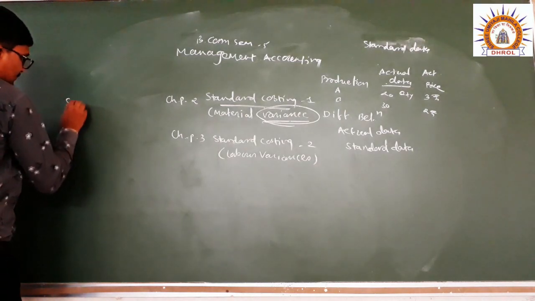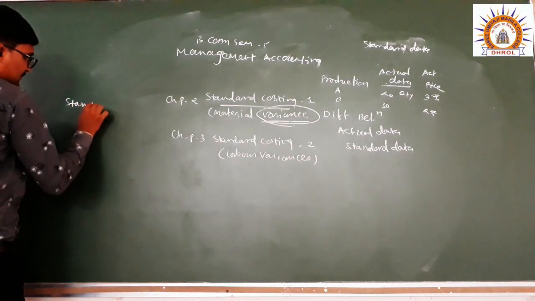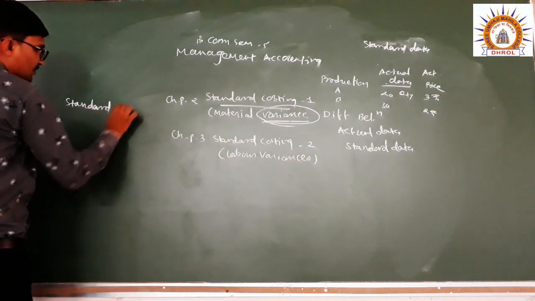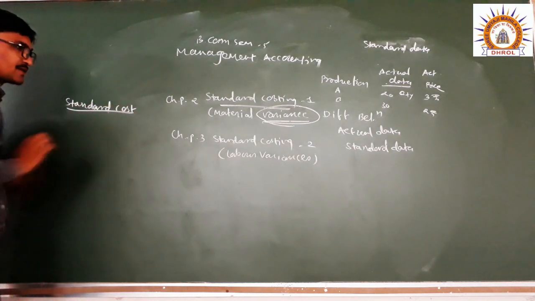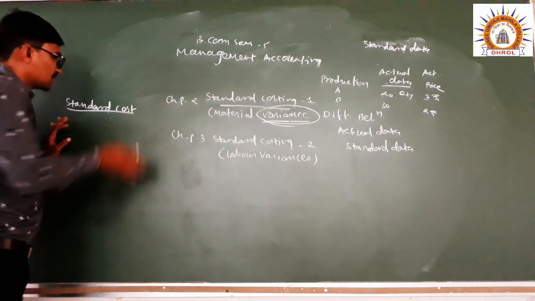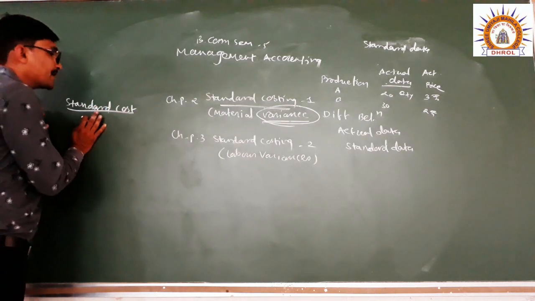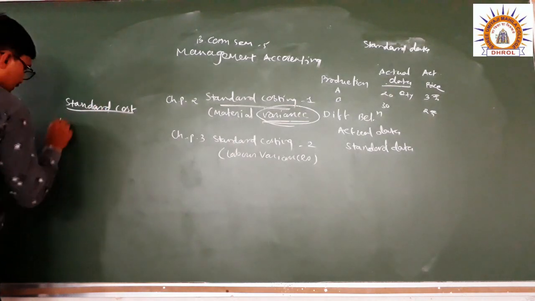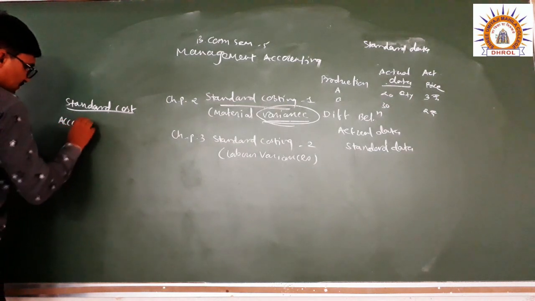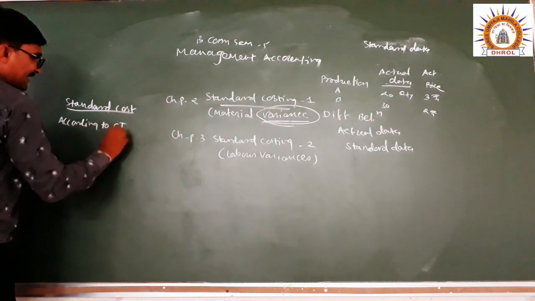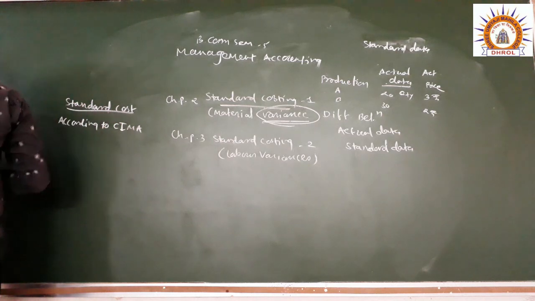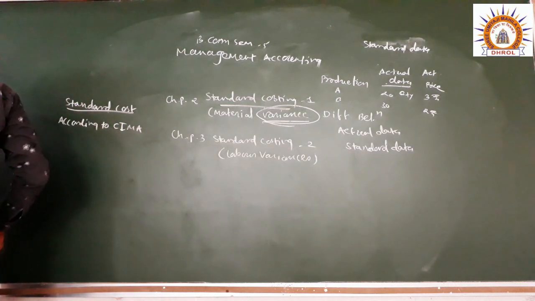What is standard cost first of all? Standard cost is predetermined cost, according to CIMA. CIMA is one of the institutions, the Chartered Institute of Management Accountants.